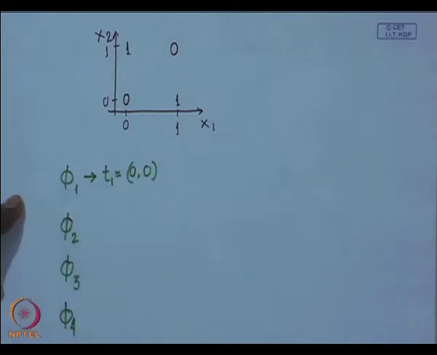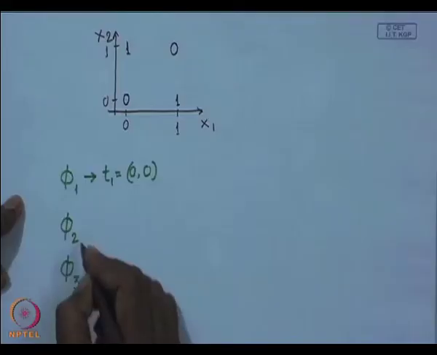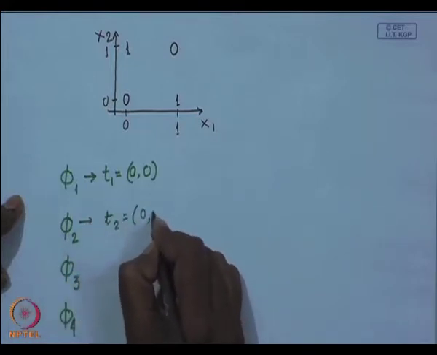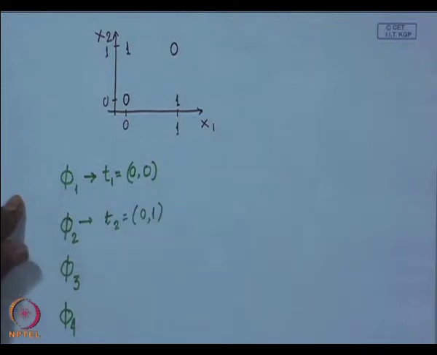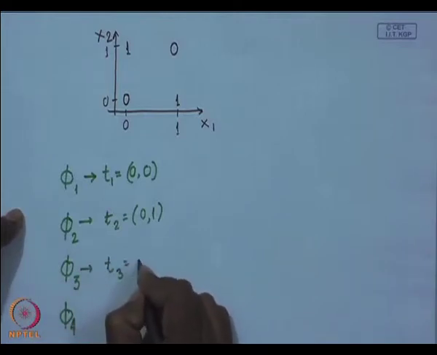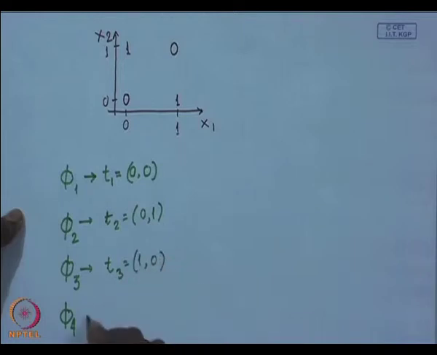That is the receptor of the radial basis function phi 1. Similarly, for phi 2, I choose T 2 equal to 0 1. That is the receptor of phi 2. Similarly, I choose T 3 equal to 1 0, and T 4 equal to 1 1. So, these are the 4 receptors for the 4 radial basis functions.